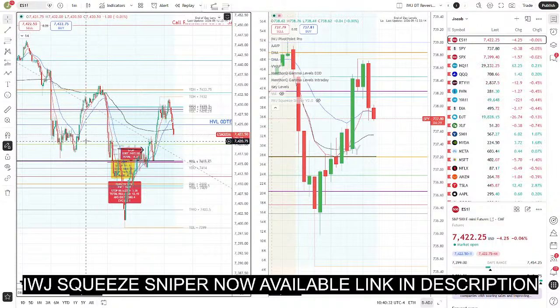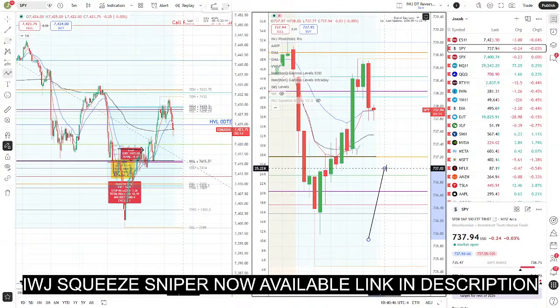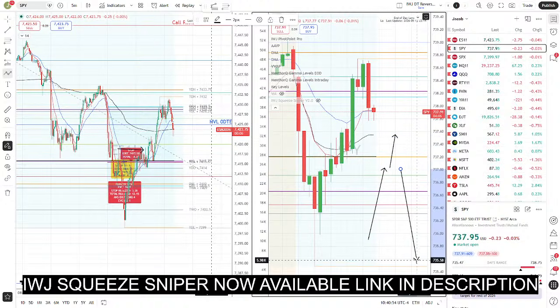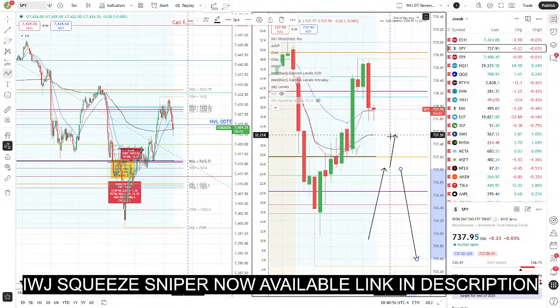So what I'm looking for is extreme divergence on the ADD. If you've got a bull open, so they've gapped up, and the ADD opens, let's say at 1200 positive, and the market continues to do this, and the ADD does this, I'm looking for the next key level up to see what happens.